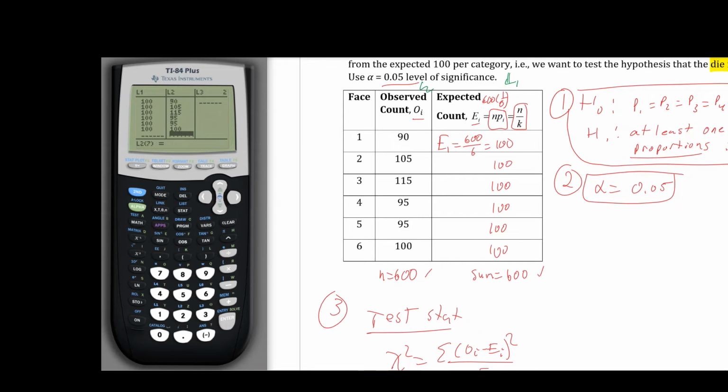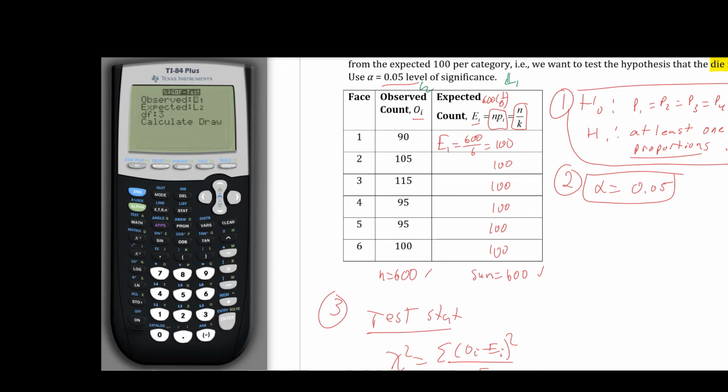Again, our test stat and p-value will help us determine that. Let's go ahead and exit out of this. So second quit, and let's go to Stat. If you have a TI-84, you're going to have the chi-squared GOF test in your calculator. If you have a TI-83, just do it the way that we did in the previous example.